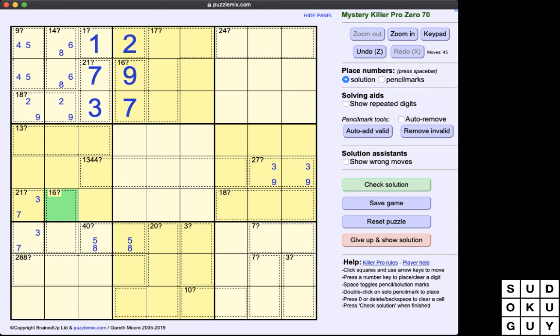Oh wait, the 16, similar logic is up here. It can't be 2 times 8 because we have 8 already in this column up here. One of these has to be an 8, so we can't put an 8 down here. So this has to be added, 7 plus 9.